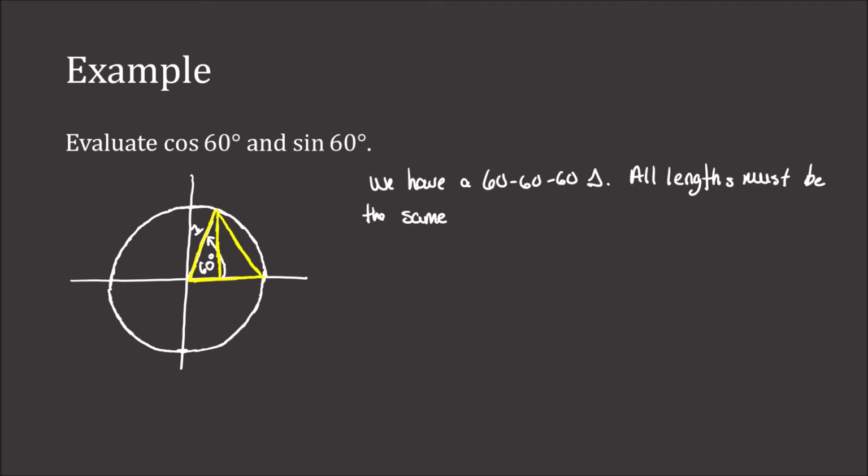Which means that this length down here is obviously 1, but this is x and x, so this is 2x here. So we have 1 has to be 2x, which means that x has to be 1/2, which means that cosine of 60 degrees has to be 1/2.